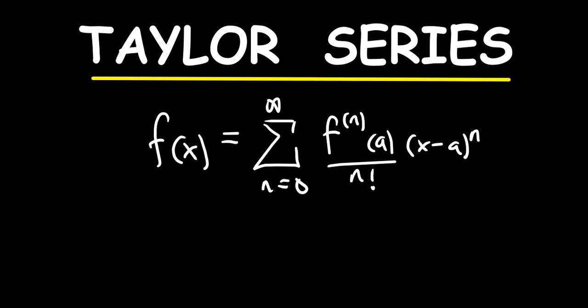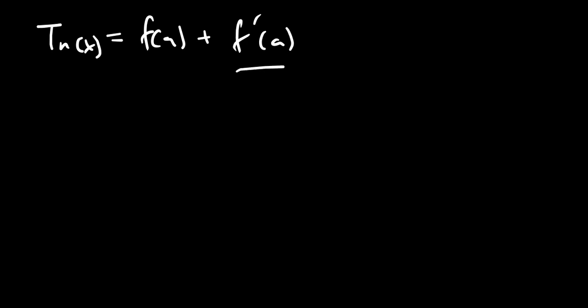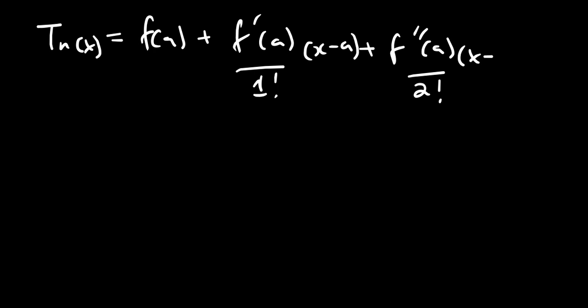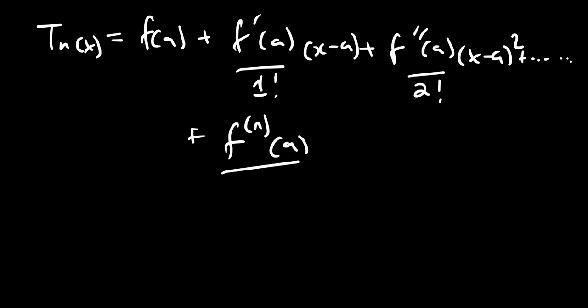Okay, in this tutorial we'll look at Taylor series. Taylor series are a special type of power series of the form: f of a plus f prime of a over 1 factorial, then x minus a, plus f double prime of a over 2 factorial, then we have x minus a squared, plus, and this continues up to the nth derivative of f at a over n factorial, then x minus a to the power n.